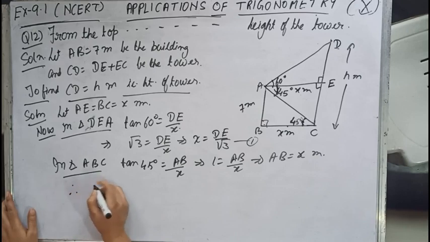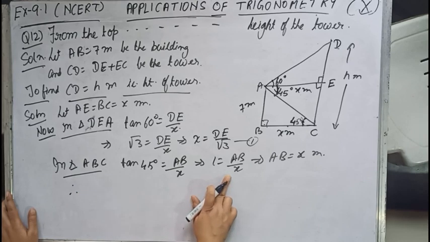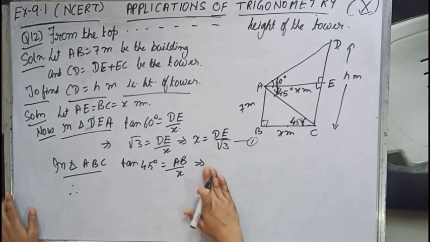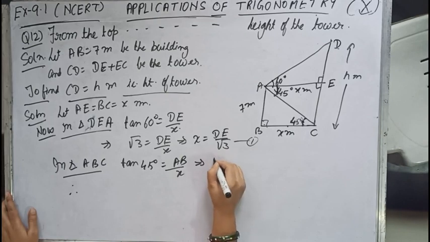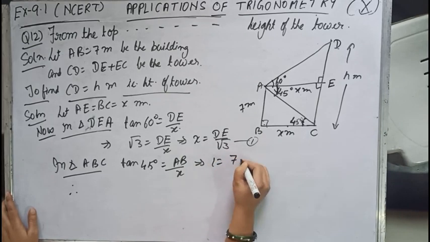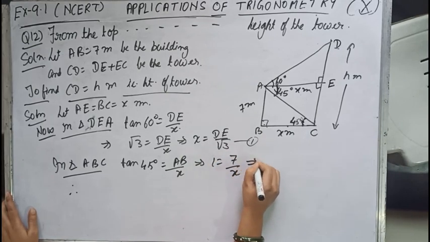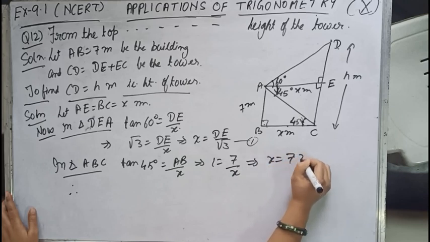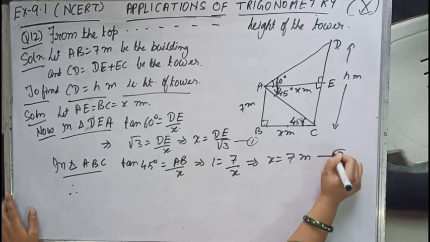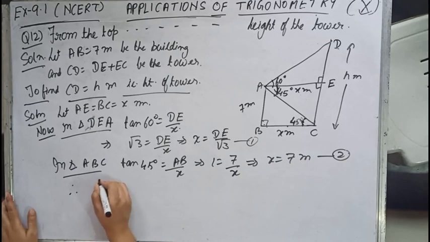Therefore, if AB is x meter, AB length is given, my children. This implies 1 equals to AB length 7 by x. This implies x equals to 7 meter. Let us make it equation number 2.